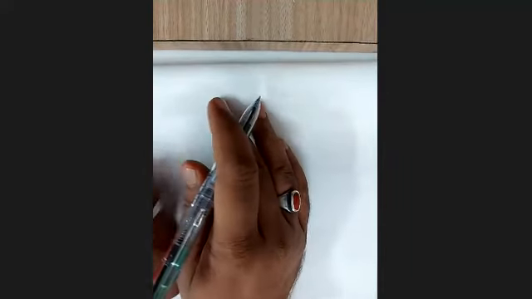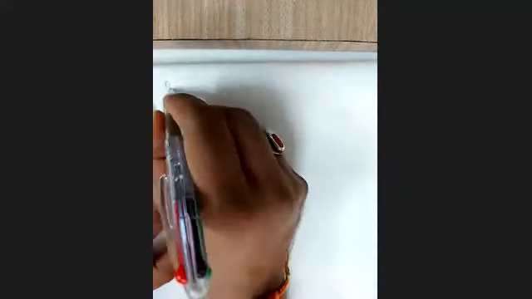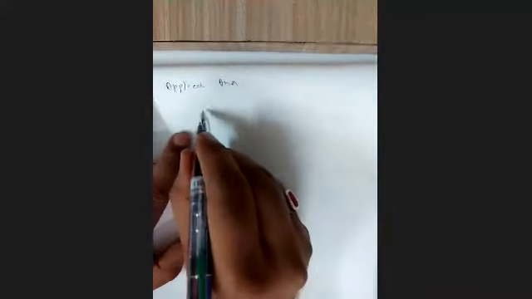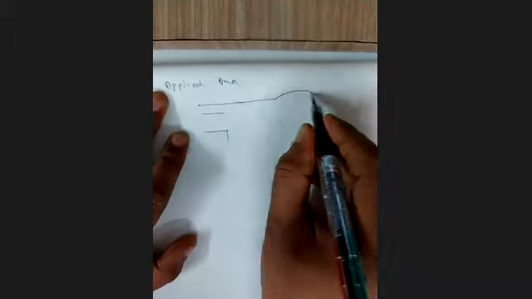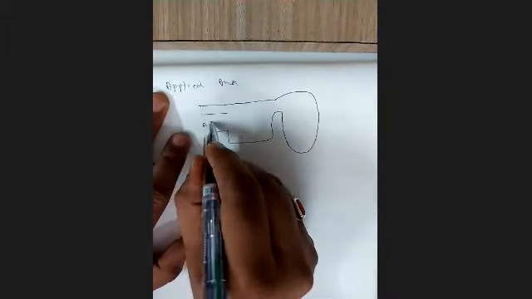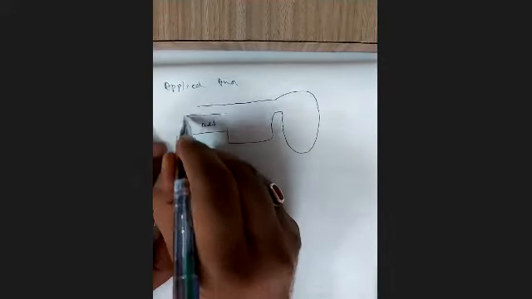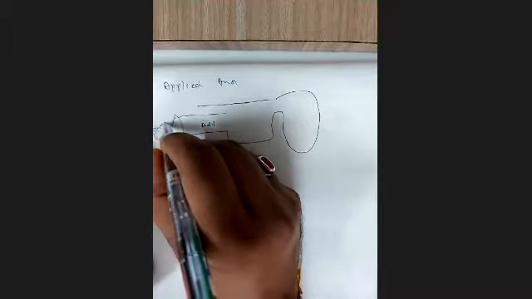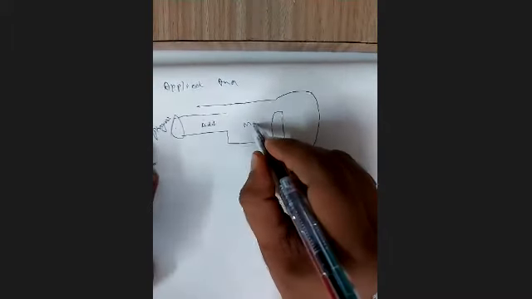Now, main part about the applied anatomy of middle ear is that we saw that this is how the middle ear was, and this is the auditory tube which opens into pharynx, and this is middle ear.